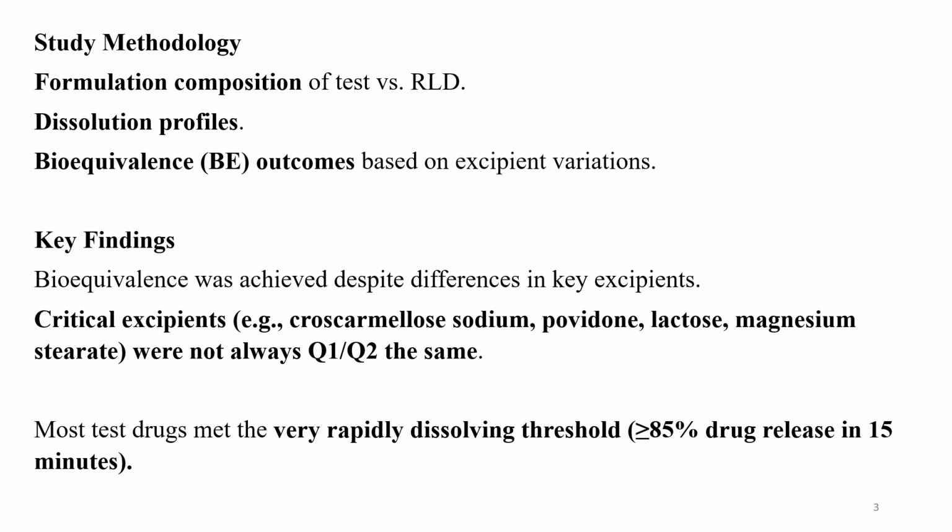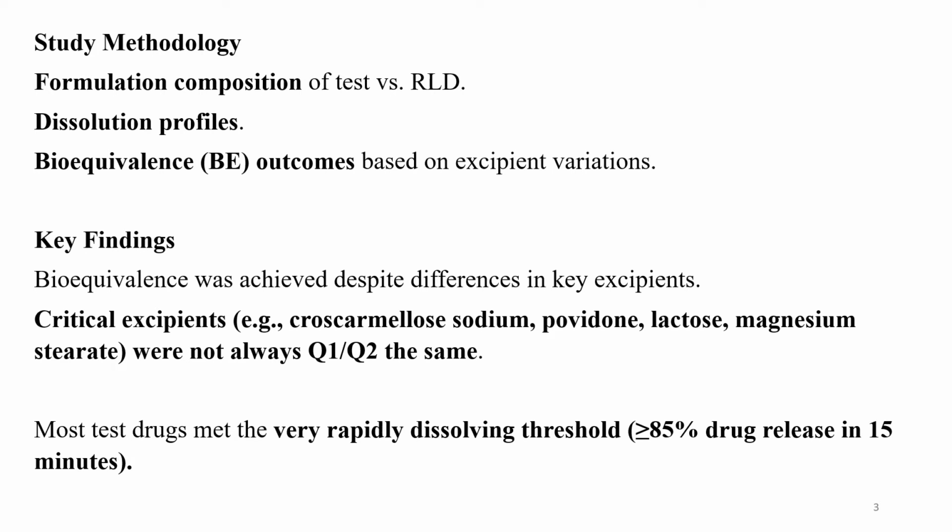There are some critical excipients like disintegrants, binders, diluents, and lubricants, which cannot be quantified exactly, and that's why Q1, Q2 cannot be exactly the same. There are various grades of the same excipients also.